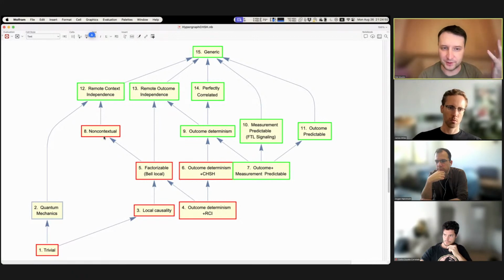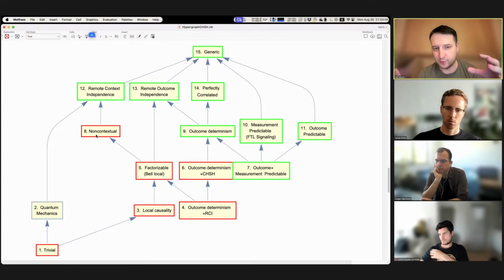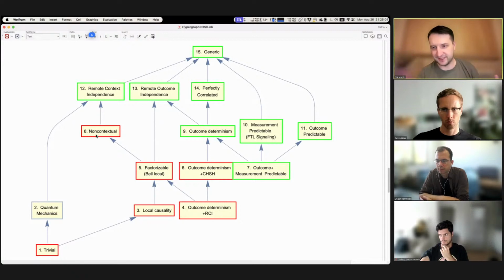It's not enough: you can come up with distributions that are contextual but stronger than quantum mechanics, or non-contextual but much weaker. There are counterexamples to all those different combinations.